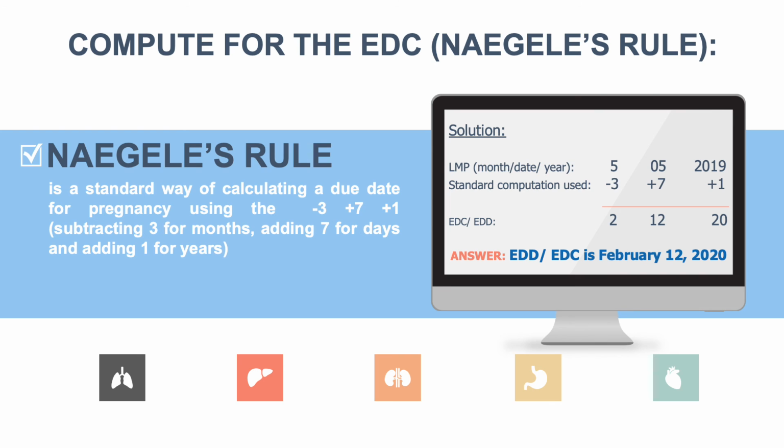Utilizing her LMP, which we have gained from the information a while ago, of May 5, 2019, we then list down right below it the standard computation of subtracting 3 for months, adding 7 for days, and adding 1 for years, which will then give us an EDD of 2, 12, and 20, which also translates to February 12, 2020, which can then be said that Ms. Lobach's estimated date of delivery is February 12, 2020.